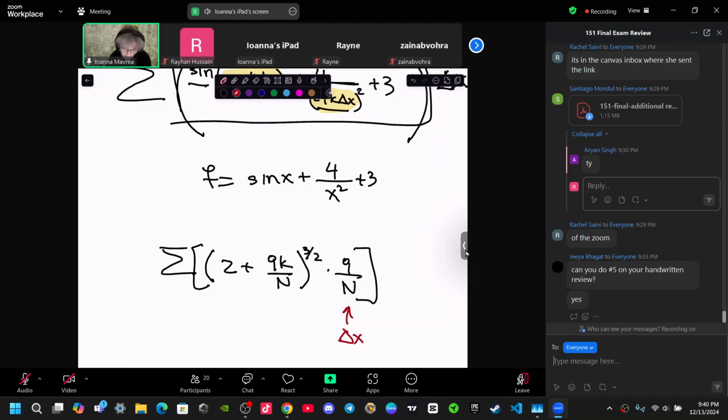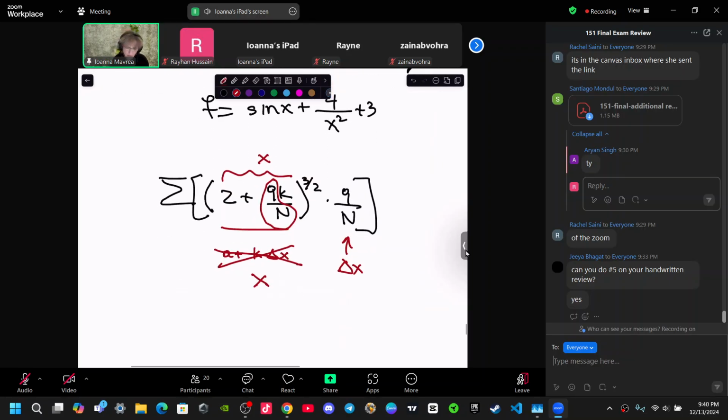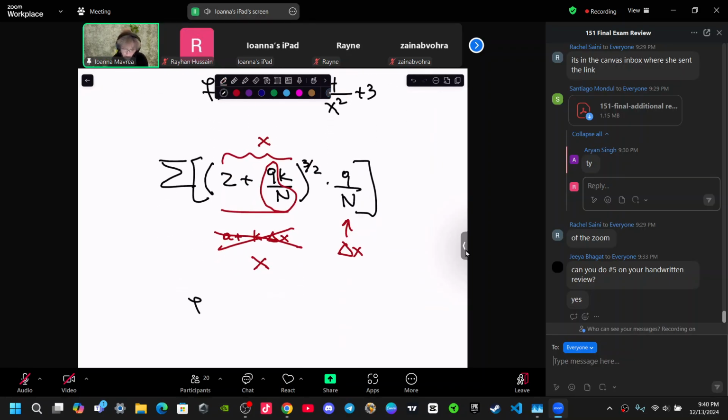So here it is again. So this does look like your a plus a bunch of delta x's. So this is what you're going to take away and replace by x. So this whole thing is your x. So your function should be x to the 3/2.